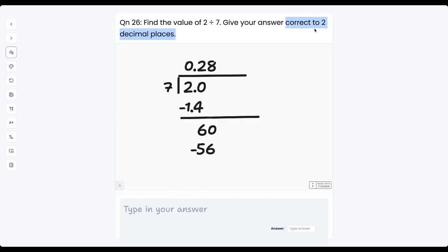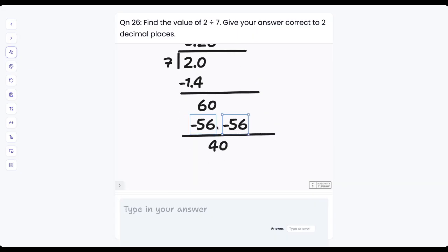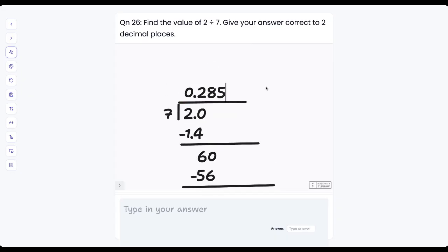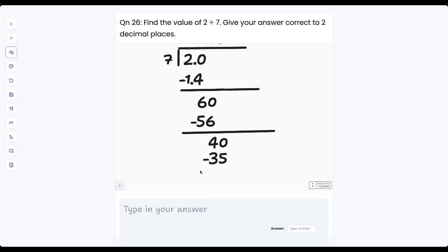It says correct to 2 decimal places. So we need to go to 3 decimal places. For 60 minus 56, this will be equal to 4. All right. And now we just put 40. We minus. What's the closest to 40? Not 56. 40 should be 35, which is 5 over here. All right, and then we can stop here.